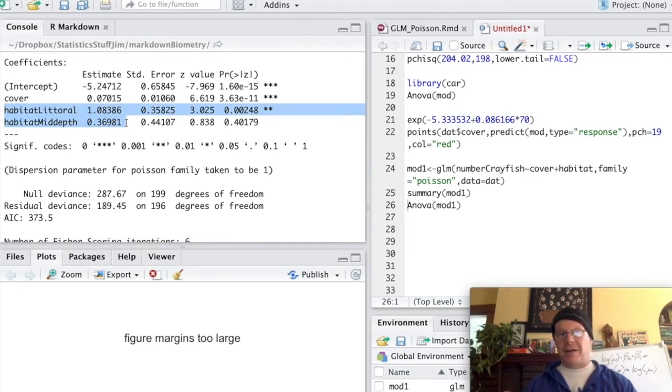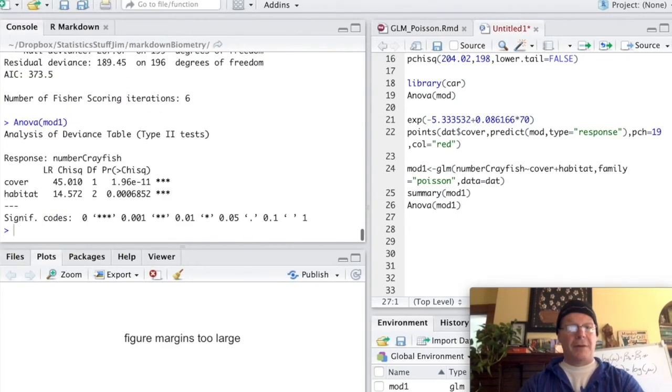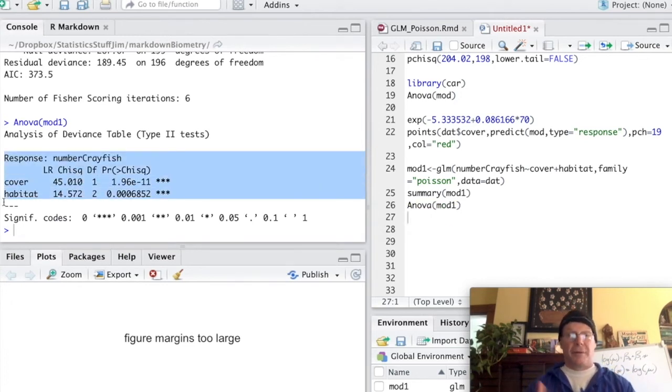Alphabetically speaking, habitat benthos, or benthic environments, are first, so it becomes the first factor level, and everything is going to be measured against that first factor level. And so we have our model now. We can run our ANOVA on our model, and this would be our conclusion that both cover and habitat are indeed important. And so going back, we can graph it.